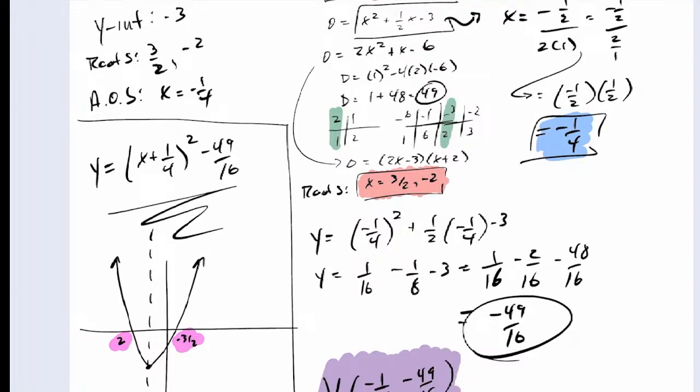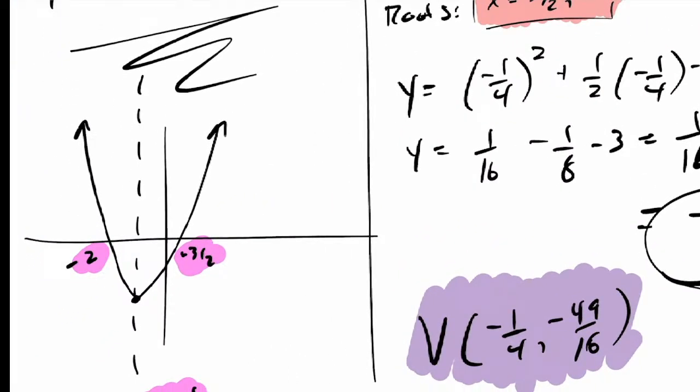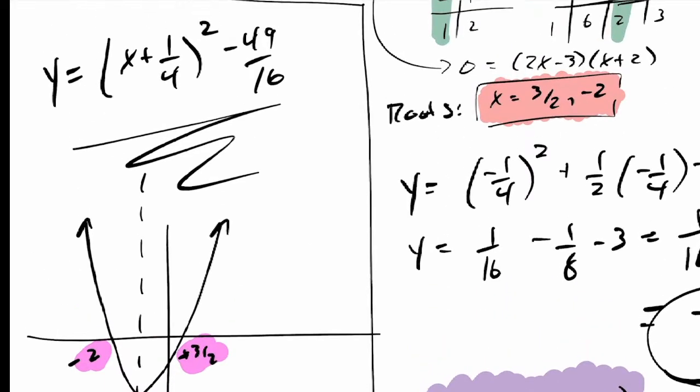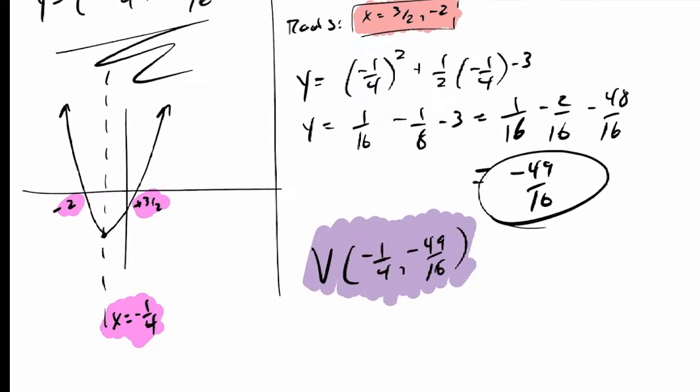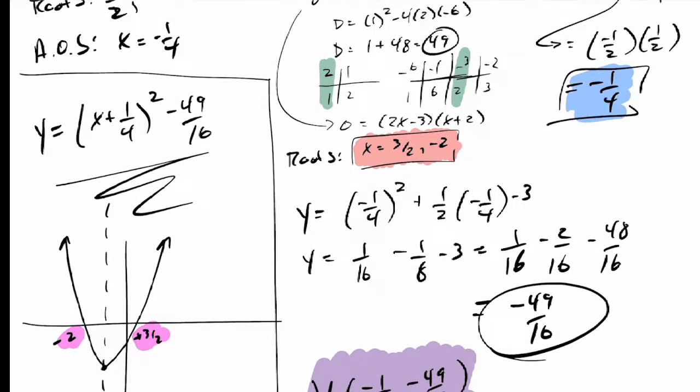Oh, sorry, I mixed up the signs. It's positive 3/2. Thank you, Mina. It's positive 3/2, so it should be there, and then negative 2 should be there. Okay, so there's another example with fractions.